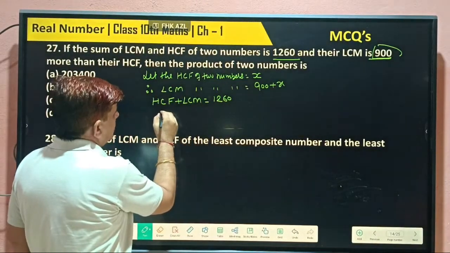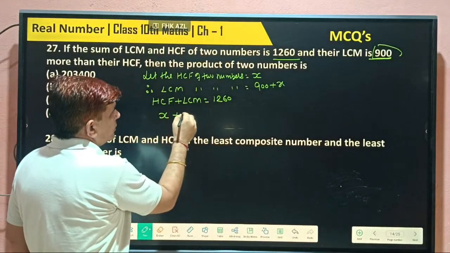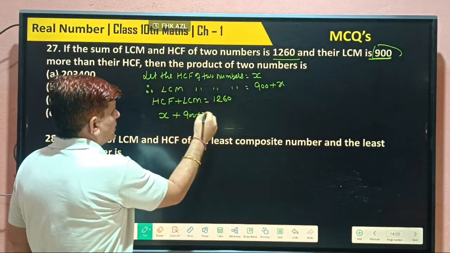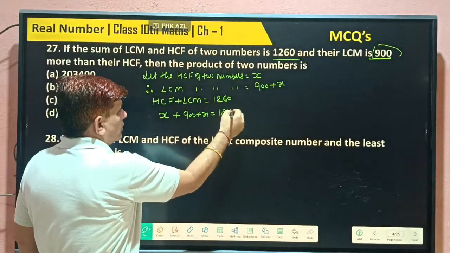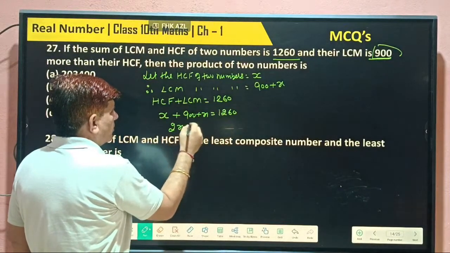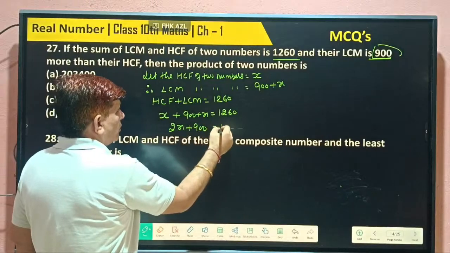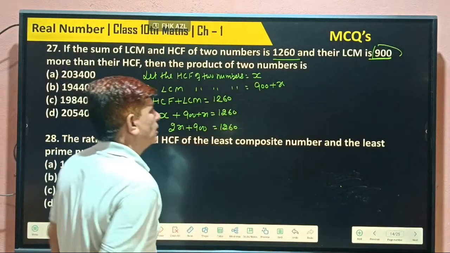So HCF is X, and this is 900 plus X, so 2X plus 900 is equal to 1260.